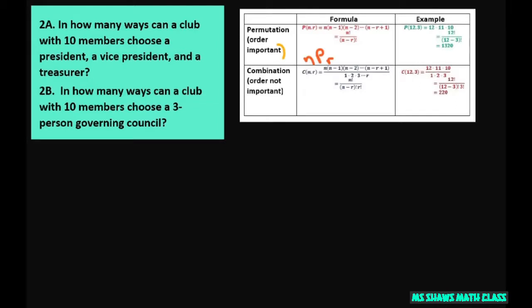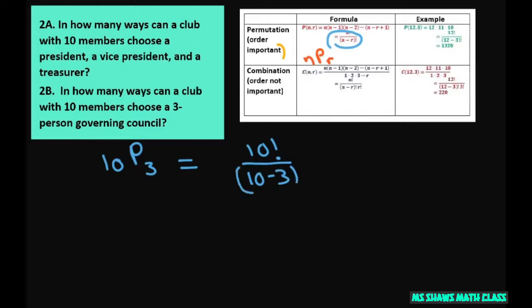So basically what you're going to do is write 10 P 3, because we're choosing 3. If you use our formula, that's n factorial divided by n minus r factorial, so 10 factorial divided by (10 minus 3) factorial.